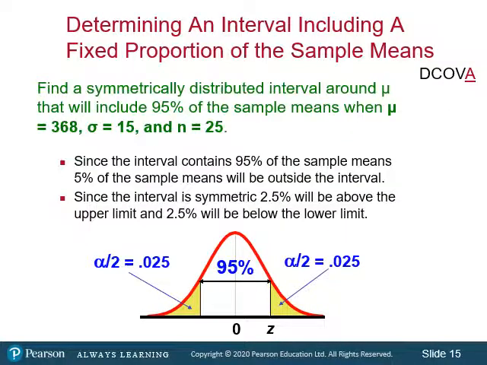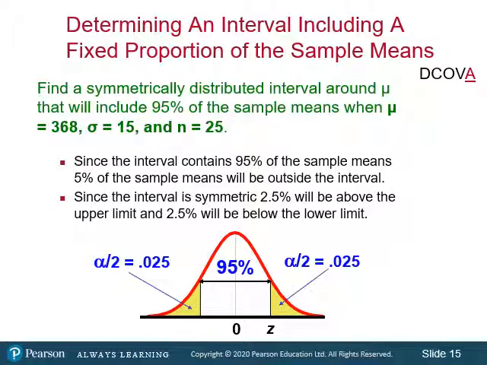So we will now look at how we determine an interval to include a fixed proportion of the sample means. Let's say we find a symmetrically distributed interval around mu that will include 95% of the sample means, when mu equals 368, standard deviation equals 15, and n equals 25.